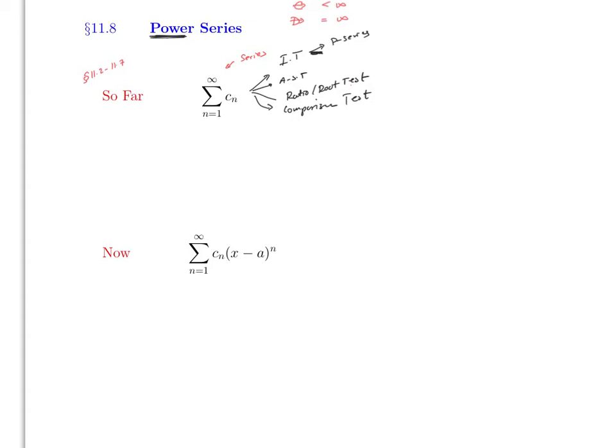A power series has the following form, which is very similar to a series, except that it has this extra part. The reason it's called power is because this is to the n power. This is going to be called the power series centered at a, at x equals a.